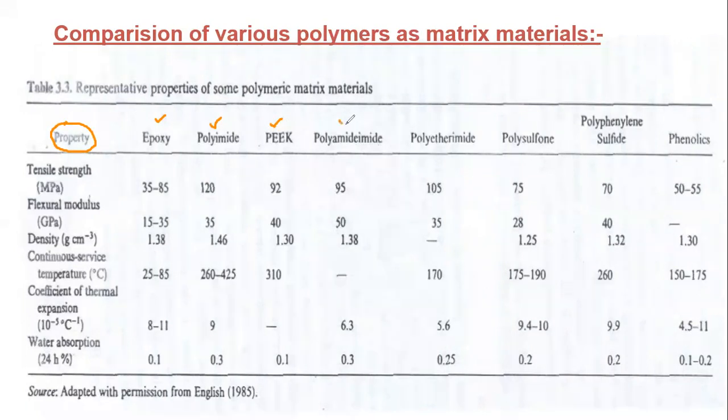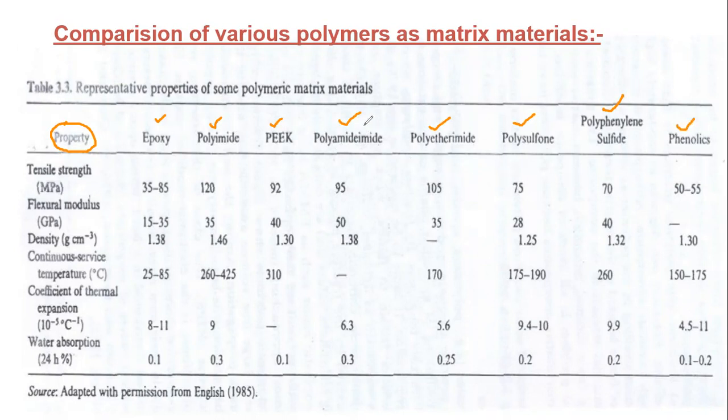Next, polyamide-imide, polyetherimide, polysulfone, and polyphenylene sulfide. And the last one is the phenolics. So these are the different types of matrix materials.